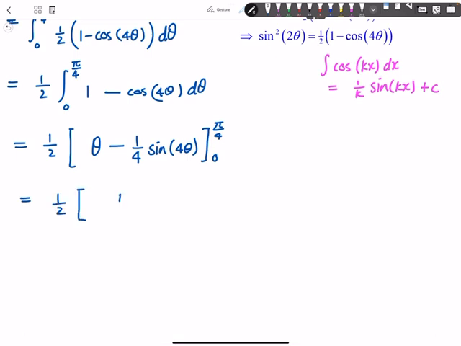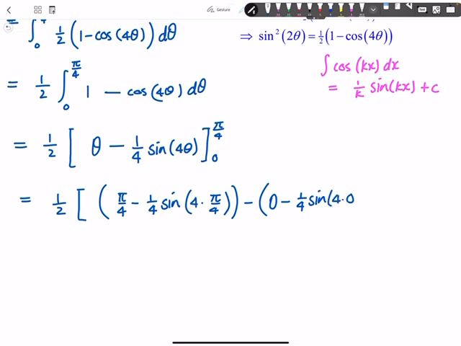If I plug in the top, we have pi over 4 minus 1 over 4 sine of 4 times pi over 4, minus, plug in the bottom, 0 minus 1 over 4 sine of 4 times 0.